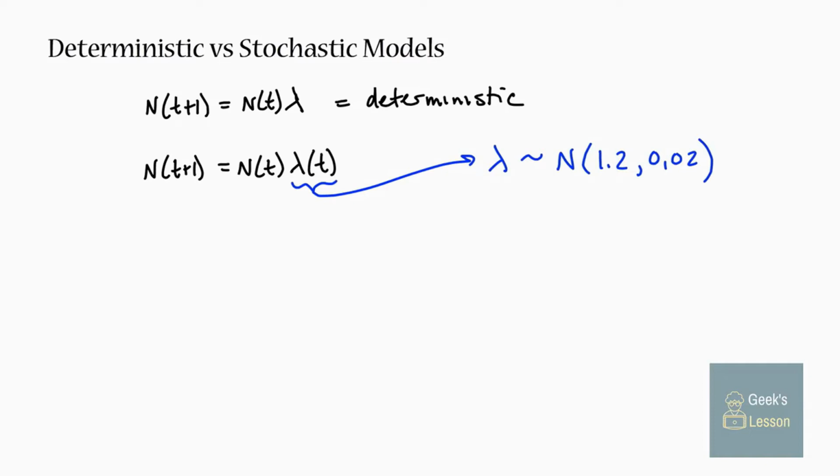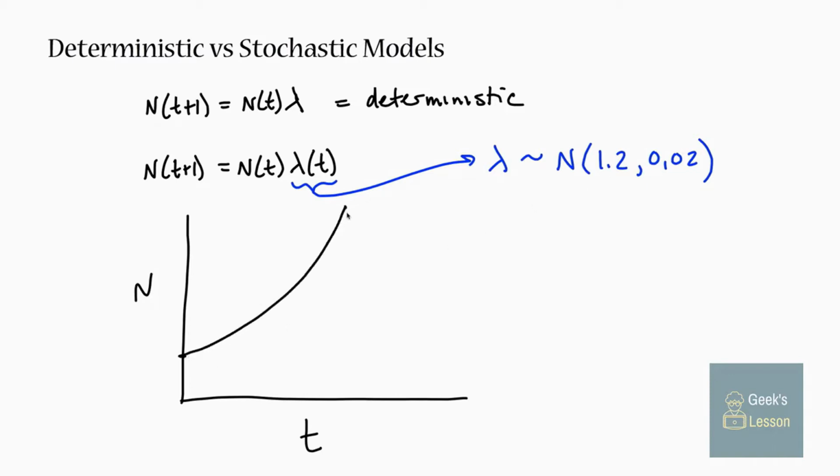So what does it matter if we add randomness to our models? Well, just for a quick comparison, if I actually ran models like this, a deterministic exponential growth model and a slightly stochastic one, what you'd see is that for any initial population size n, the deterministic model, lambda is 1.2, so it's going to grow pretty quickly and exponentially. So that's my deterministic model.